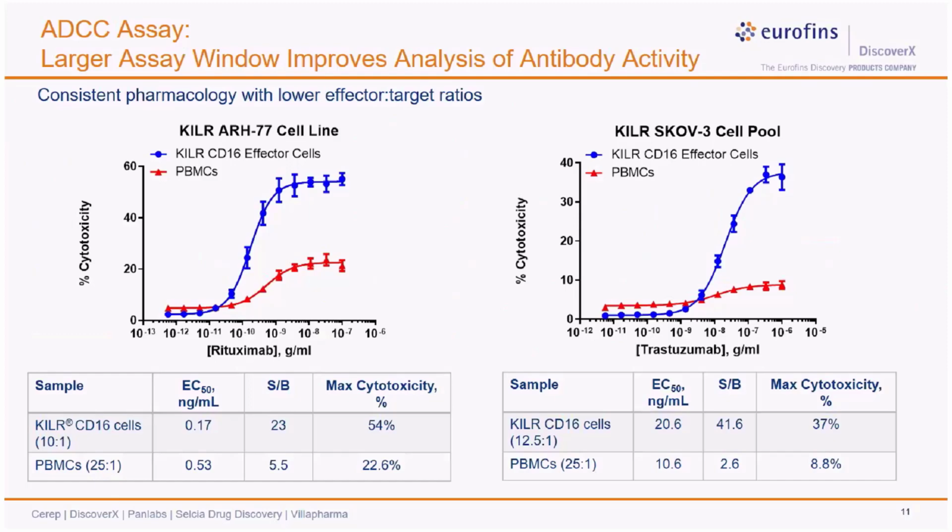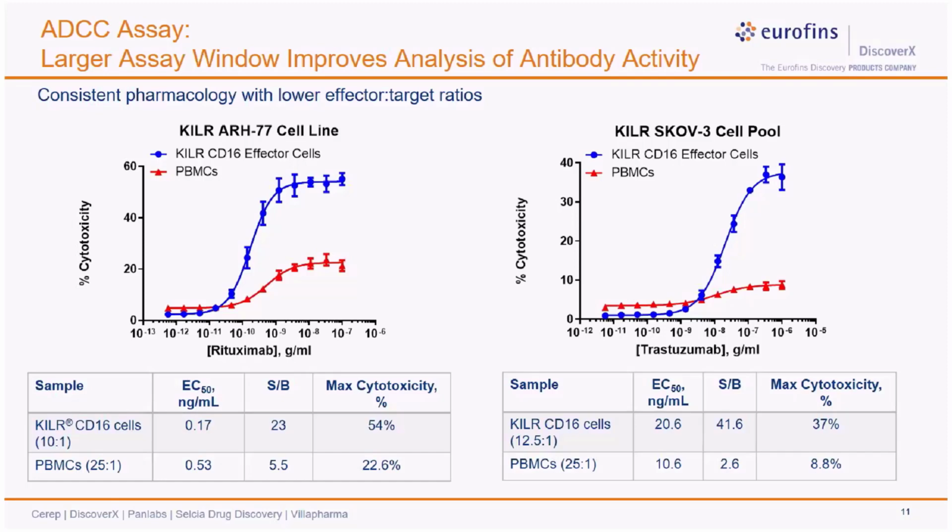Now on the right hand side, we see a more difficult to kill cell model, SKOV3. Here what we observed was that the PBMCs produce a much shallower response with less than 3-fold assay window, but we saw a much better response with CD16 effector cells with over 40-fold assay window. So this completely changed the assay.